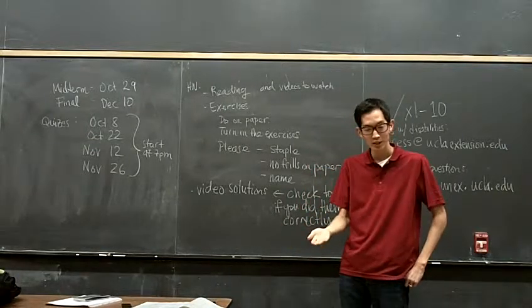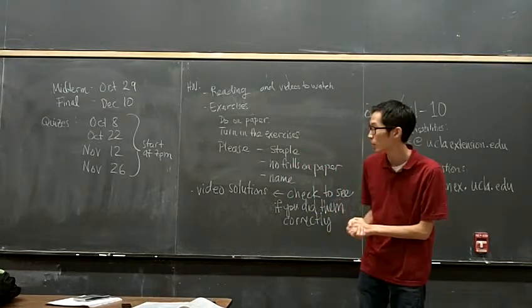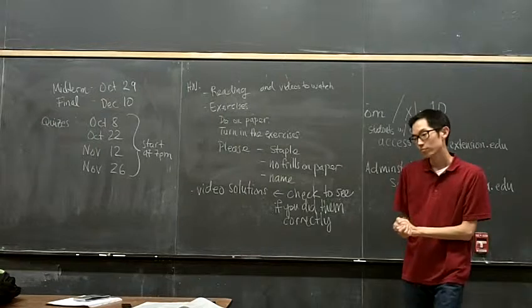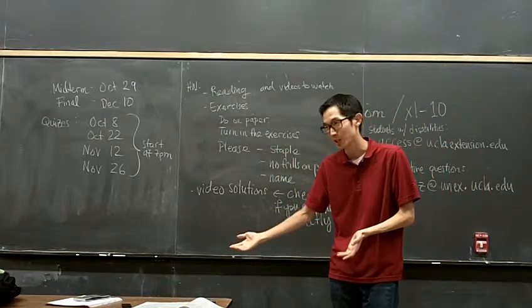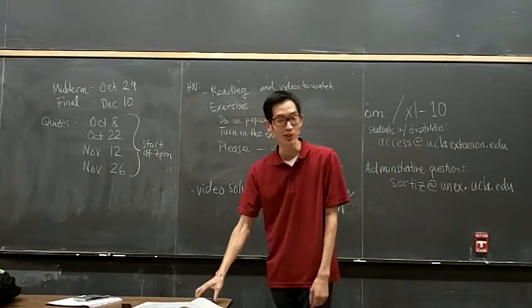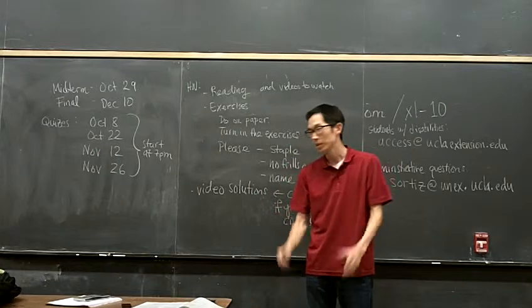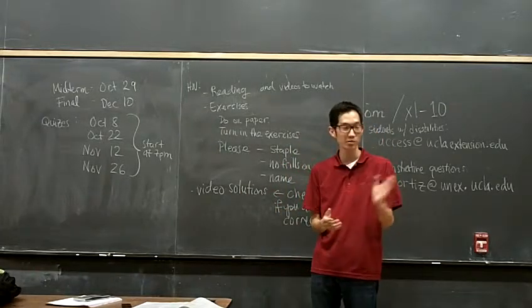And I recommend following those along as you do your problems. Don't do all of the reading all at once and then try to do all the problems all at once. That's a recipe for confusion. Okay, just a little bit at a time, and as quizzes approach, study for those.